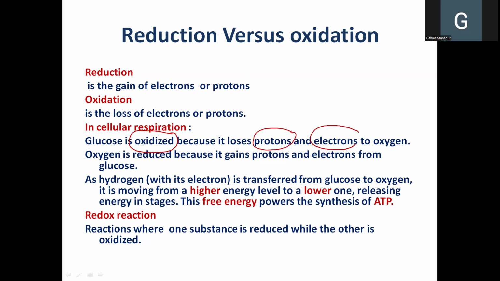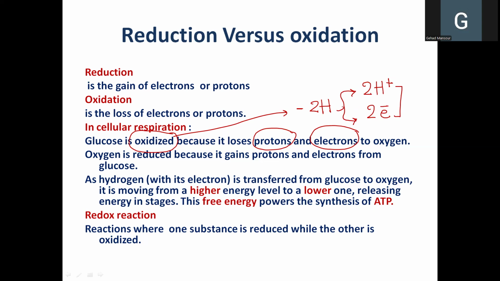glucose will be losing hydrogen ions and electrons. Actually, if one glucose molecule loses two hydrogen atoms, these two hydrogen atoms will be transferred in the biochemical pathway as two hydrogen ions and two electrons. Because if you add two hydrogen ions to two electrons, this makes the two hydrogen atoms.